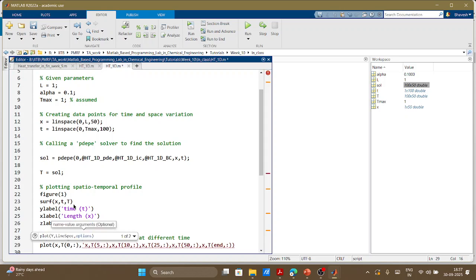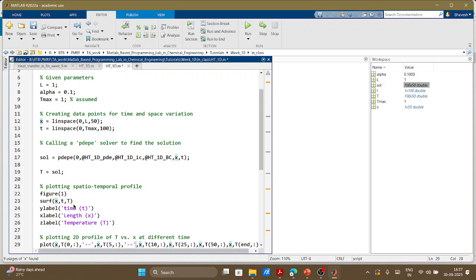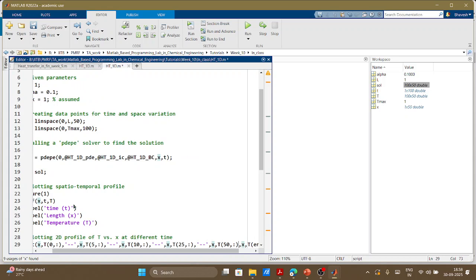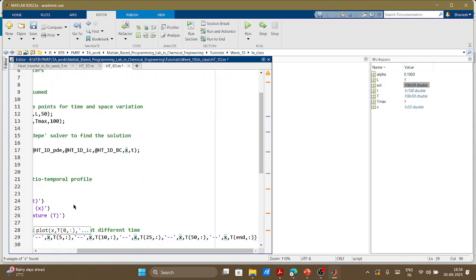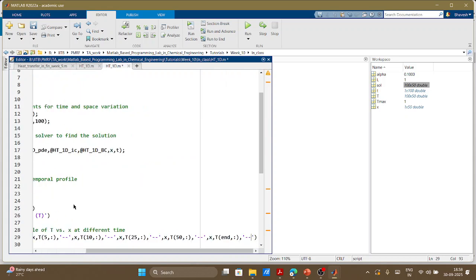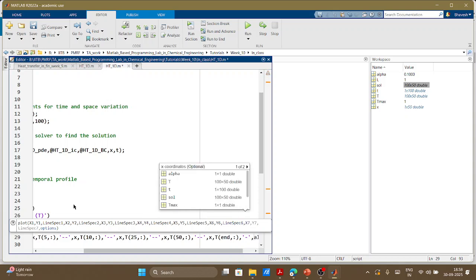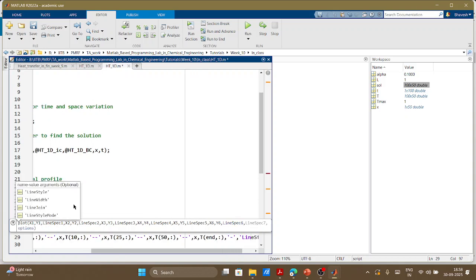You can also put a line style. Okay, so let me put a common line style everywhere except the end part so that we can differentiate it. You can add line width.